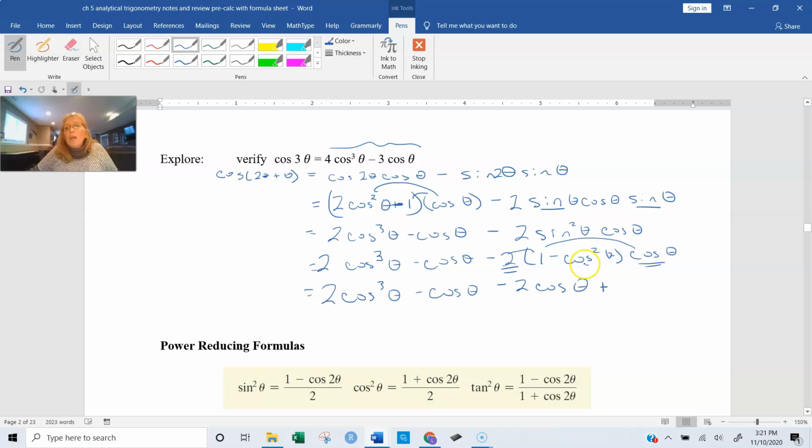So 2 cosine squared times cosine is 2 cosine cubed of theta. All right, let's combine some like terms here. So 2 and 2 gives me 4 cosine cubed of theta minus 3 cosine of theta. How close are we? Oh, look at that. Life is beautiful. So just a little bit of work, paying attention to where you want to go, and those are kind of fun.